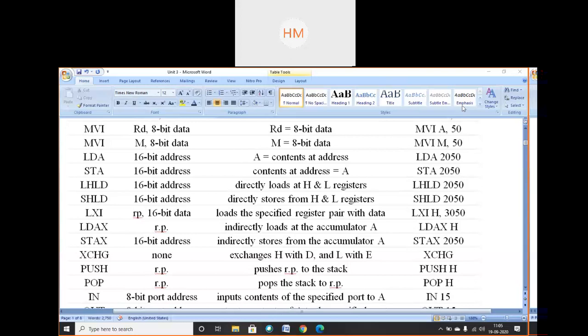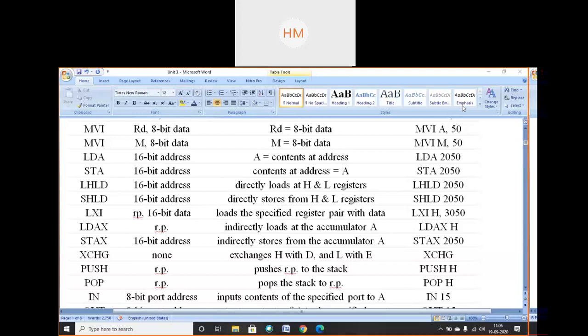It will copy data. Yes, 8-bit register data is copied to the accumulator.